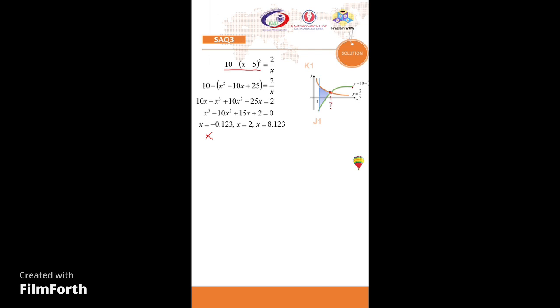So the quadratic will continue in the shape of an inverted cup. So here you will have another intersection point. So the third intersection point will be 8.123. So that's why we will choose x equal to 2 as the upper limit for the area we want to find.